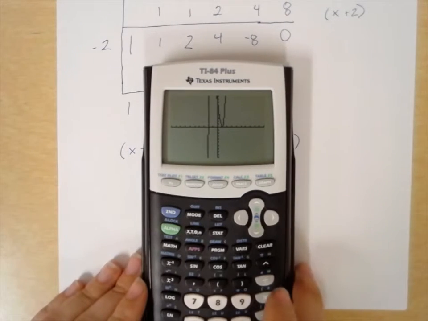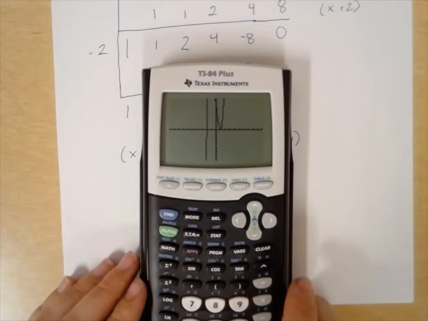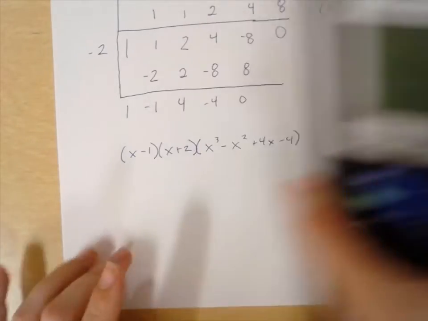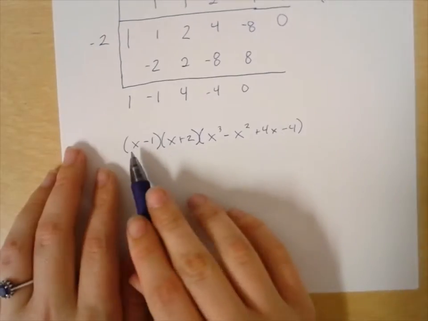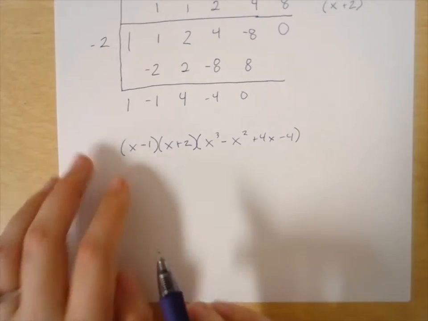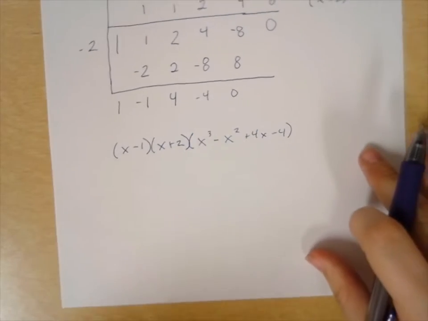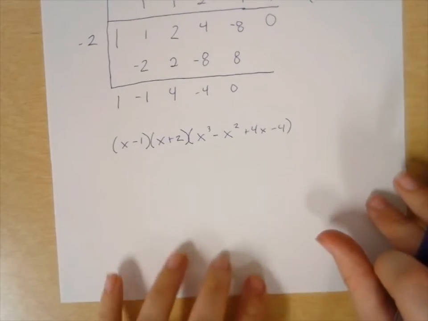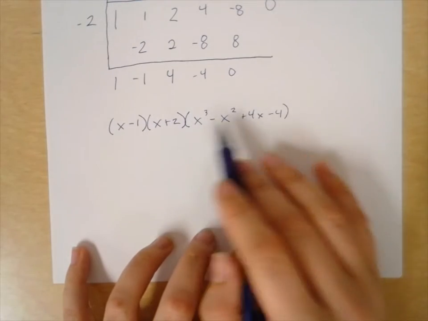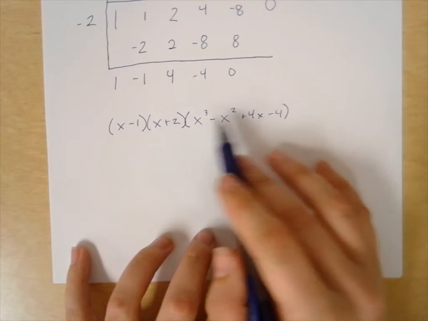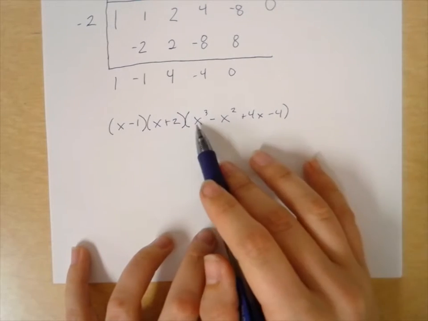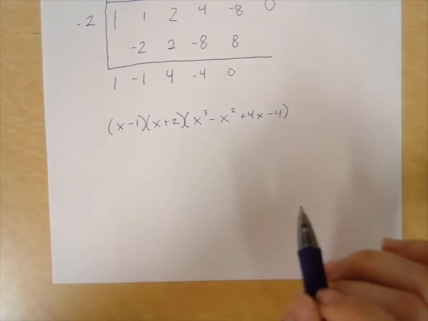That being said, I know it has to be repeated to an even power, so I know that I'm going to see x minus 1 as a factor at least 2 times. And I can prove that hypothesis by just performing the rational zeros theorem again with this shortened cubic polynomial.